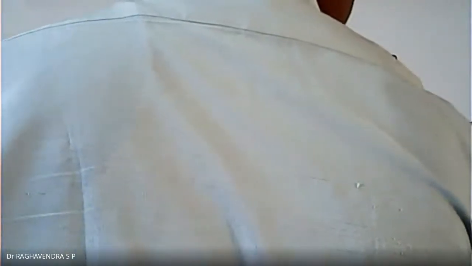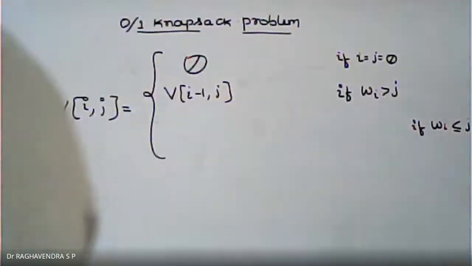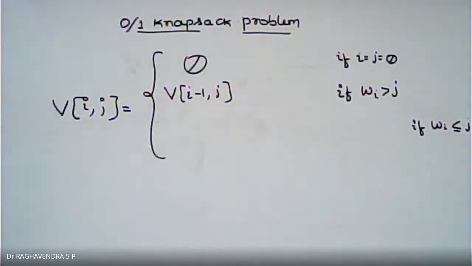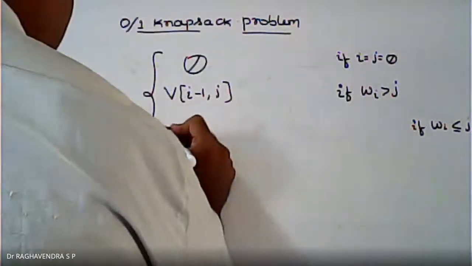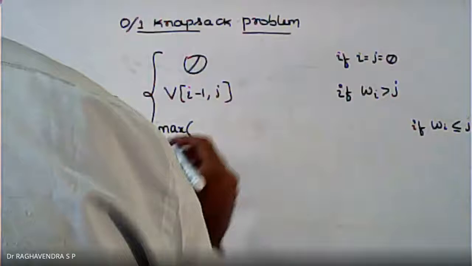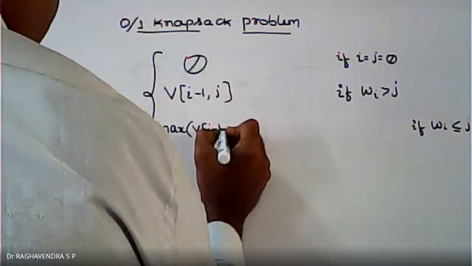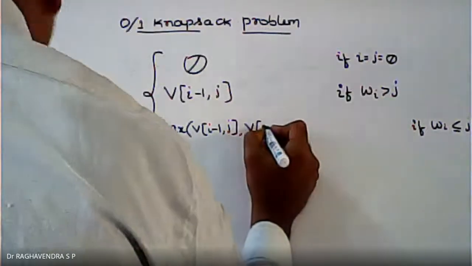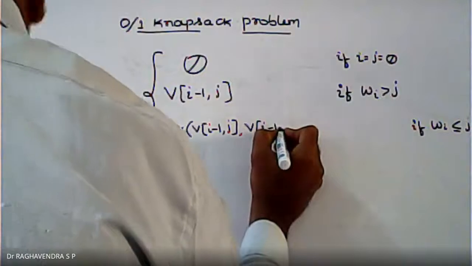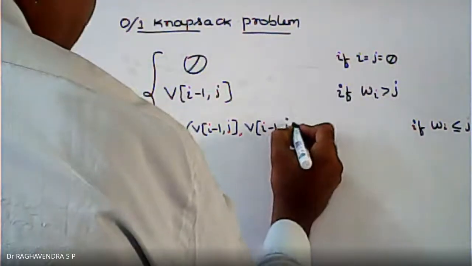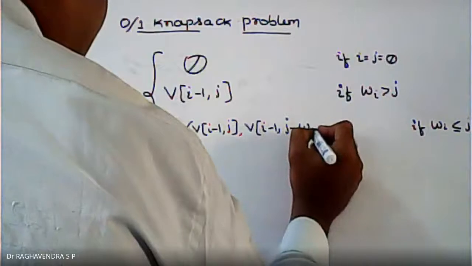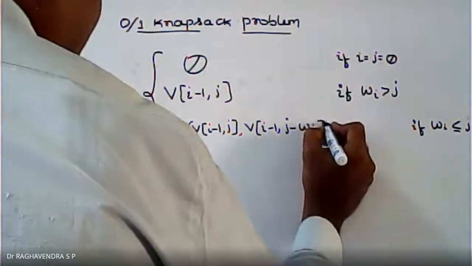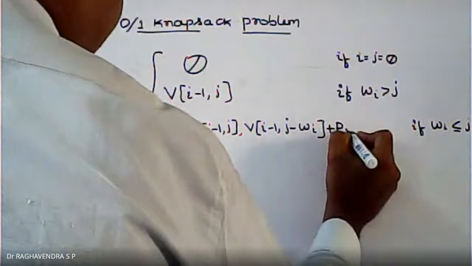Next, if Wi, the weight of our item, is less than or equal to j, so in this case the profit is the maximum of V of i-1 j, that is the previous element, or the present element, that is V of i-1 with the remaining capacity reduced by the present weight, that is j minus Wi, plus Pi, the present profit.